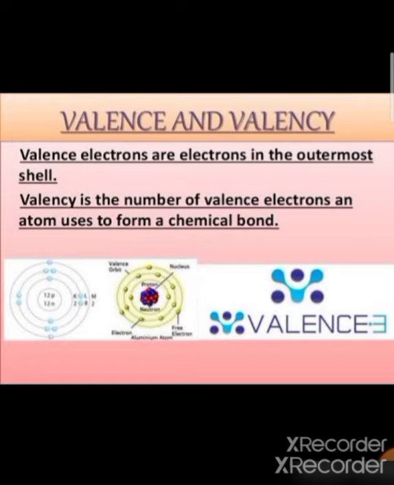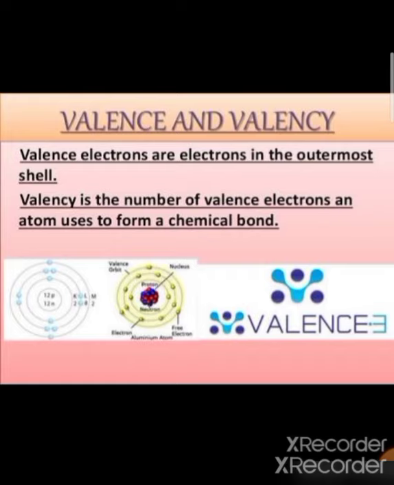Valency is the number of valence electrons, meaning the number of valence electrons which are used to form chemical bonds. It means the number of electrons of the valence shell which combine with other atoms to produce bonds is known as the valency of that atom.